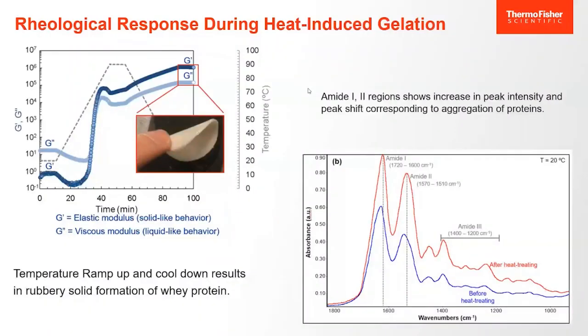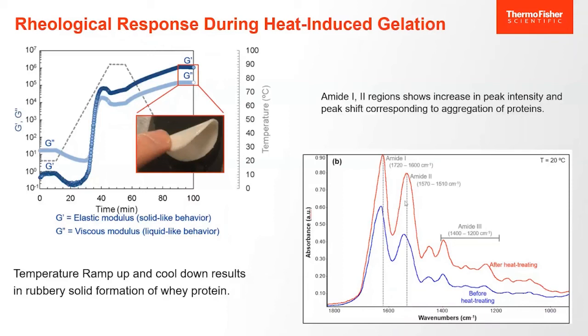So let's look at the results now that the temperature ramp up and cool down is over. As shown in this picture, at the end of the experiment, the liquid material that we loaded in has become a nice gel-like material that is also flexible and can fold and so forth. But at the same time, what happened to the protein by itself?